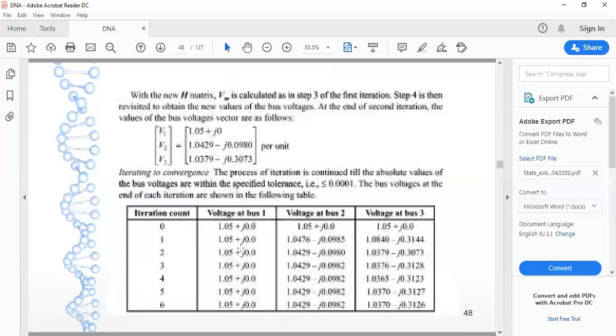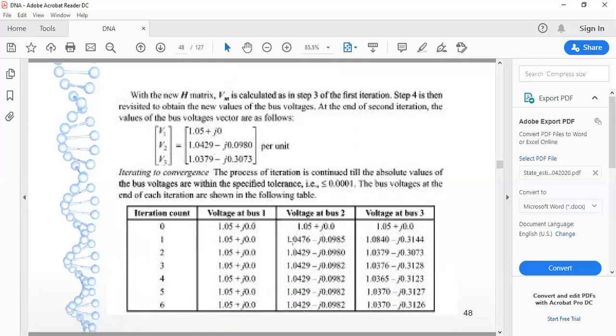So after the first iteration, this value is not going to change, because bus number 1 we have considered as the slack bus, while for bus number 2 and bus number 3, during the 0th iteration, our assumption was its value is 1.05.